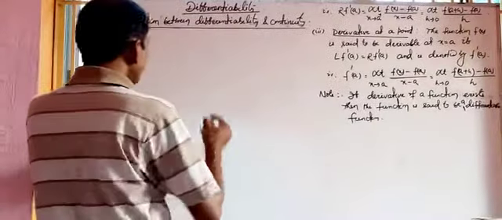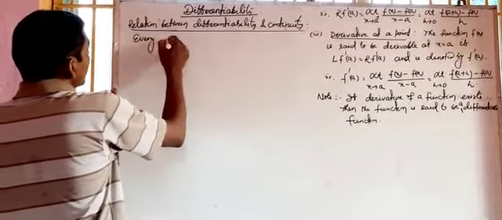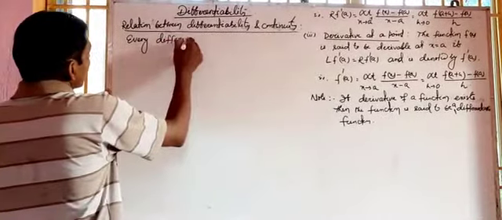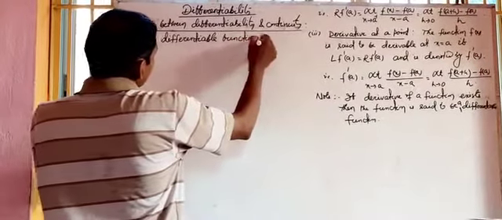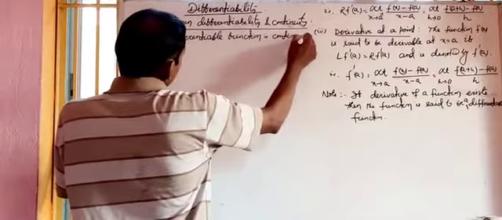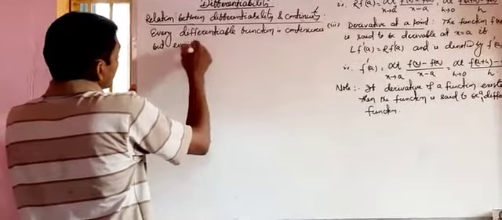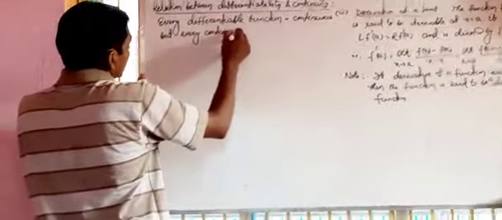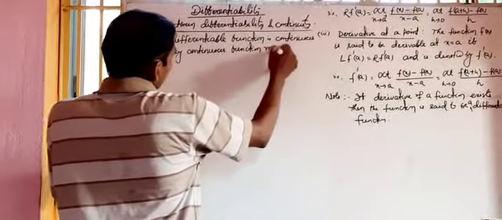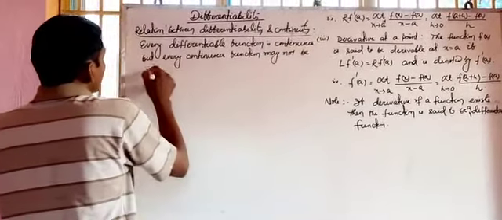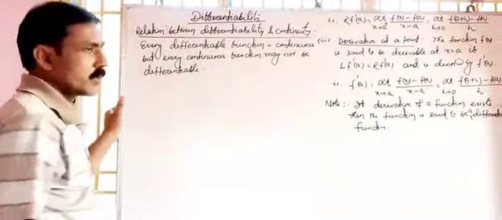Here the relationship is: every differentiable function is continuous, but every continuous function may not be differentiable.